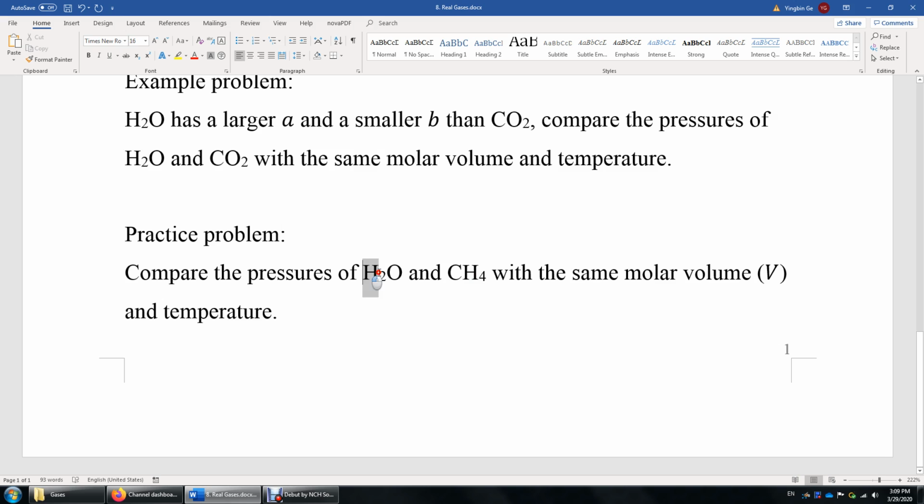You can tell the B of water is smaller than the B of CH4, because the number of hydrogen atoms here is greater than the number of hydrogen atoms here. C and O have roughly the same atomic radius. So that's one. Two, the attraction between two water molecules is much greater than the attraction between two methane molecules.